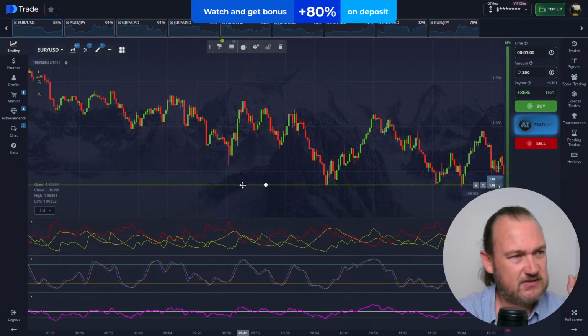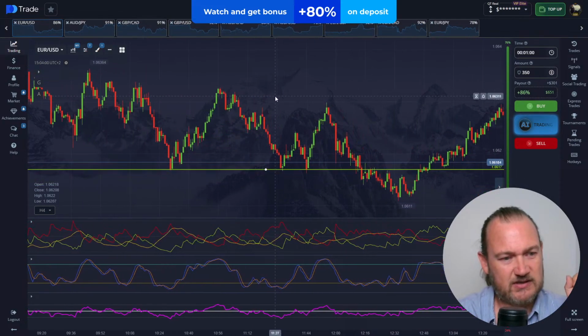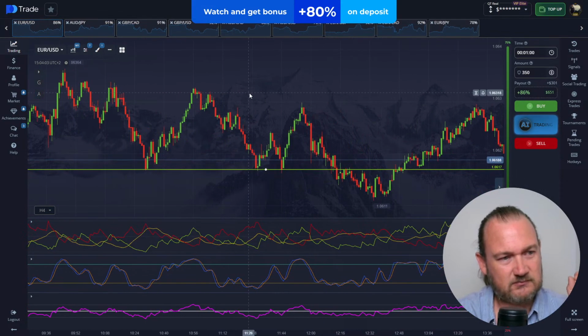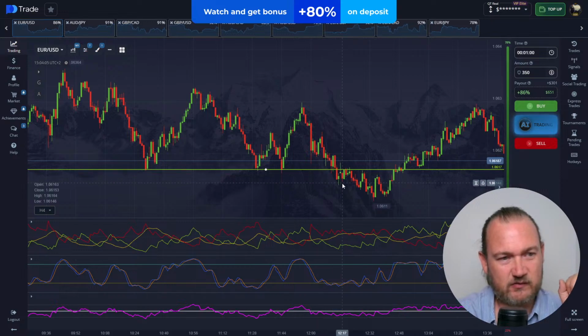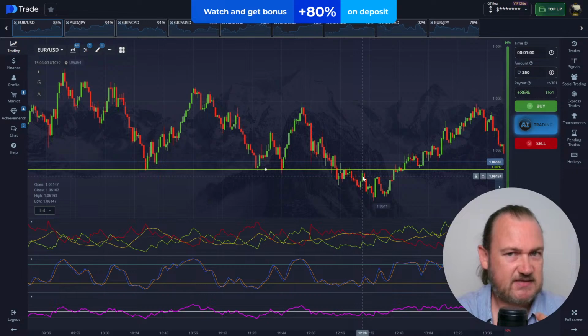So what happens is, let's scroll on a bit and see what happened here. Okay, so we can see that price broke through eventually, and look how many times this has been retested afterwards.